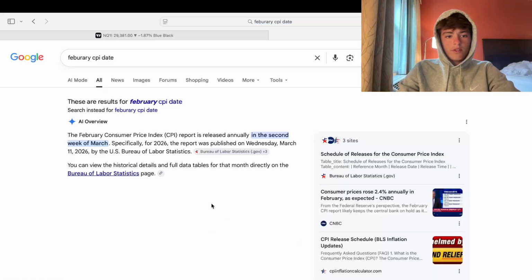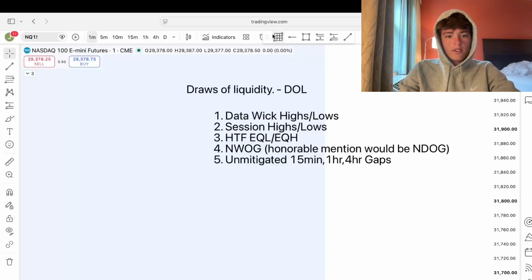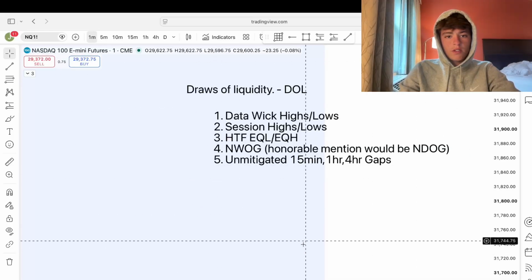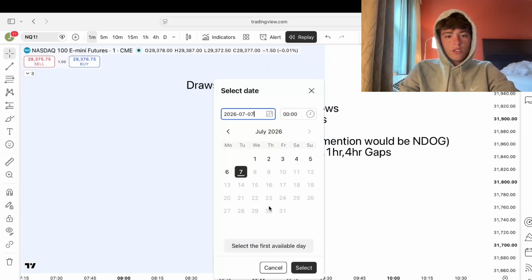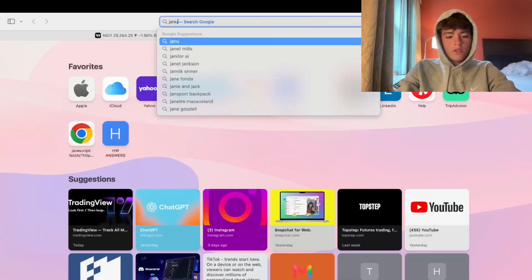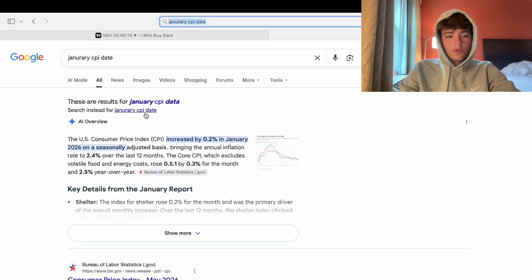Okay, it said it was March 11th, so let's replay to that day. It says this was March. I want the January CPI date because this should be in February.